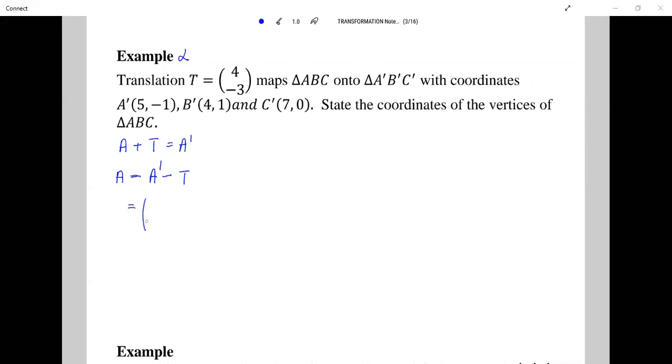A prime is given, it is (5, -1), minus T, which is (4, -3).